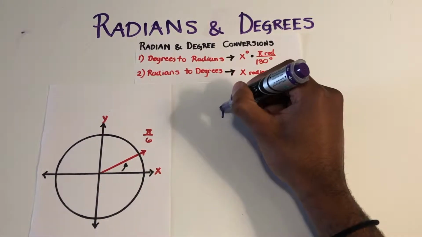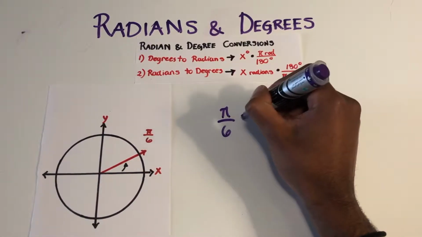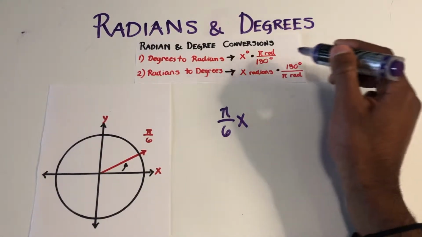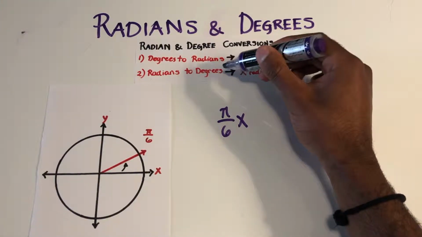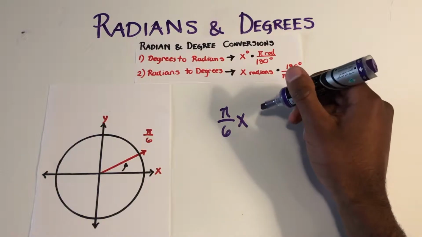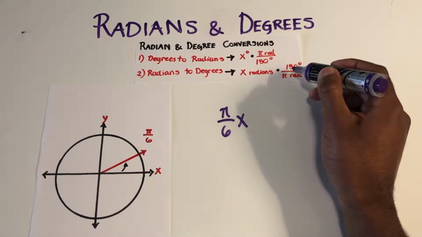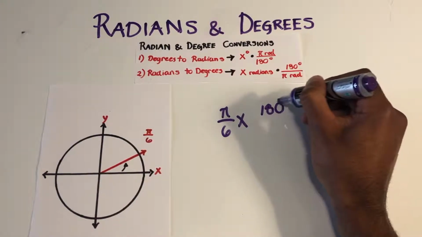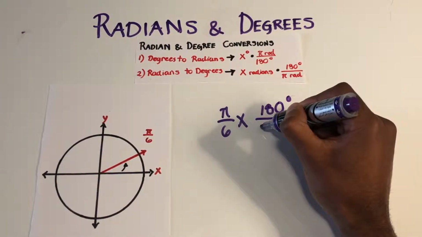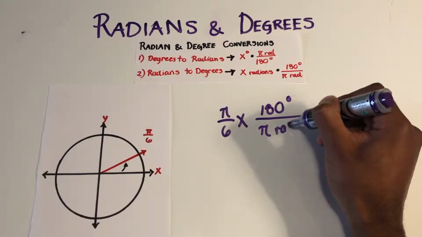So we're going to take pi over 6 times, we're going to use number 2. So radians to degrees, x amount of radians times 180 degrees over pi radians.